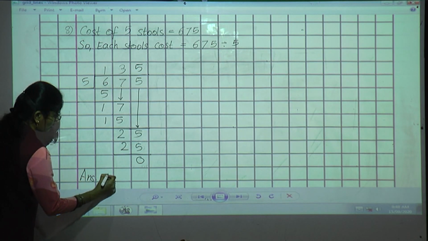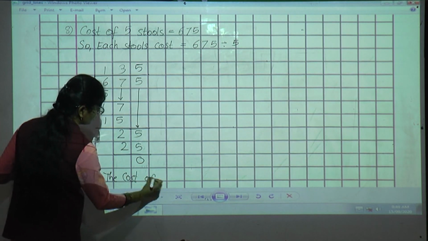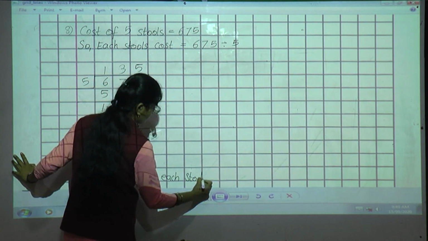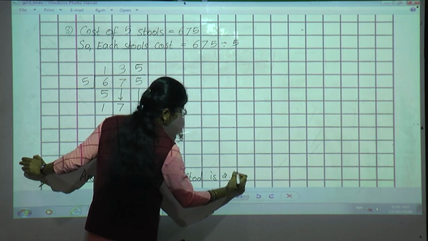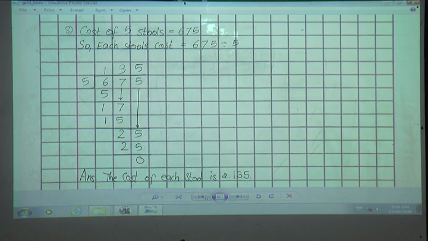So the cost of each stall is rupees 135, because the cost of 5 stalls is equal to 675. So each stall's cost is equal to 675 by 5.